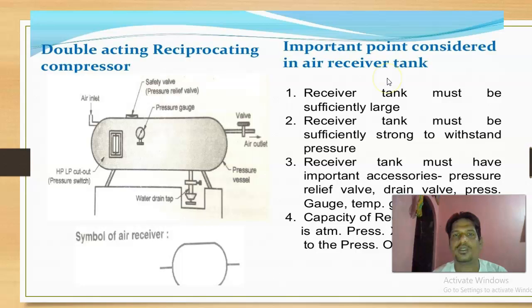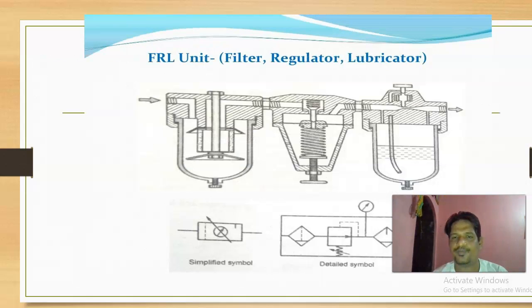First, the receiver tank must be sufficiently large. It must be sufficiently strong to withstand pressure. It must have important accessories: pressure relief valve, drain valve, pressure gauge, temperature gauges, etc. to check the temperature. And the capacity of the receiver is at atmospheric pressure.